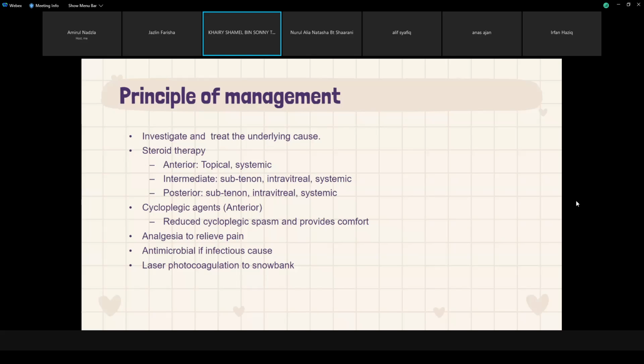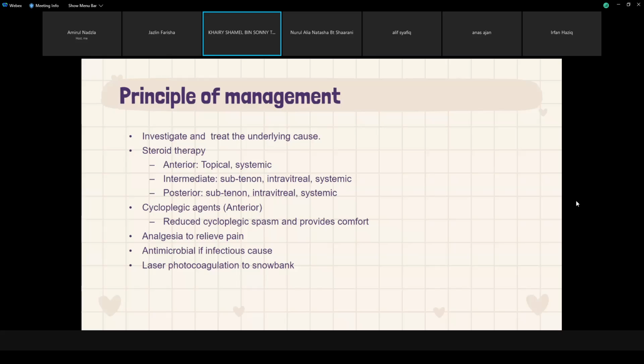So if you open your book and you see what are the causes of uveitis, there are so many, and you don't know how to identify what is the cause. It all depends on your history and your physical examination. So basically dia ada dua cause, infectious and non-infectious.